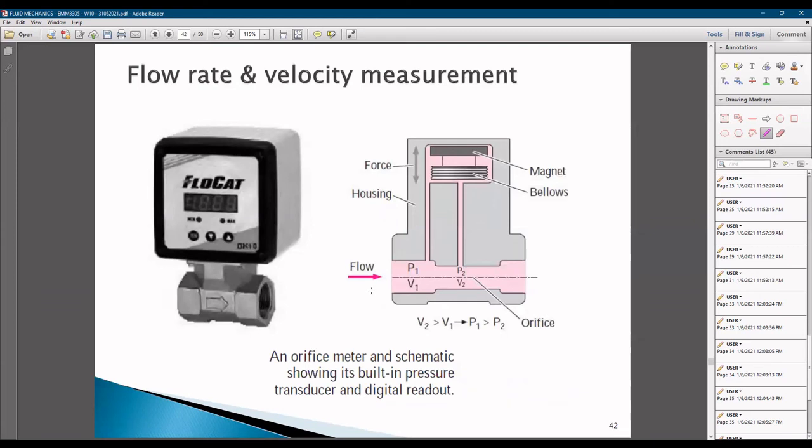Anyway, this is an orifice meter and a schematic showing its built-in pressure transducer and digital readout, where it uses force and a magnet, and down here we have a bellows to get this reading, to measure the differences of these forces.